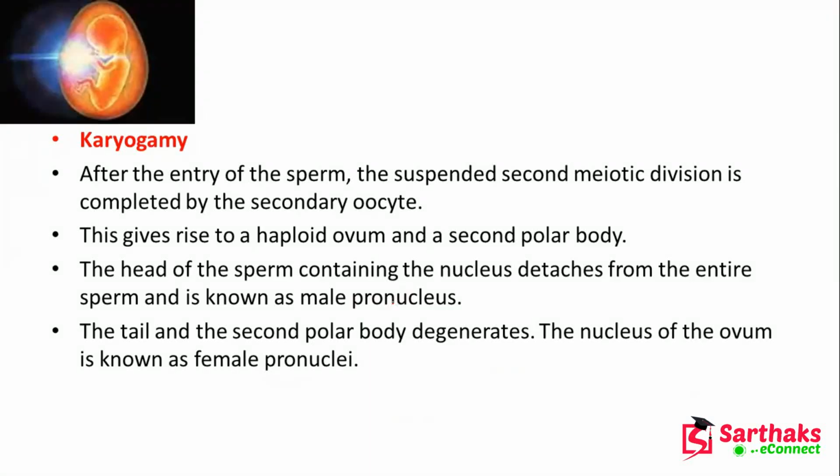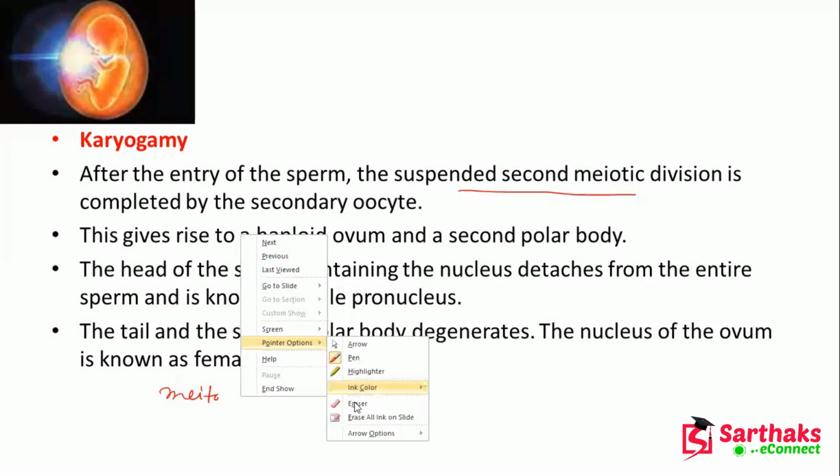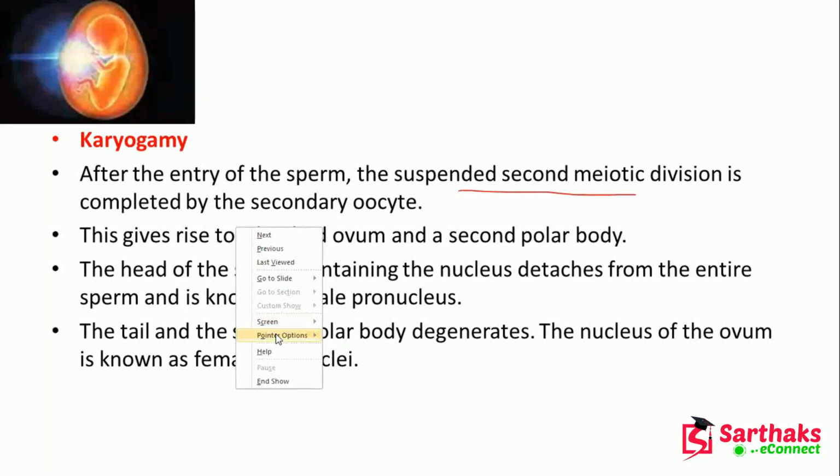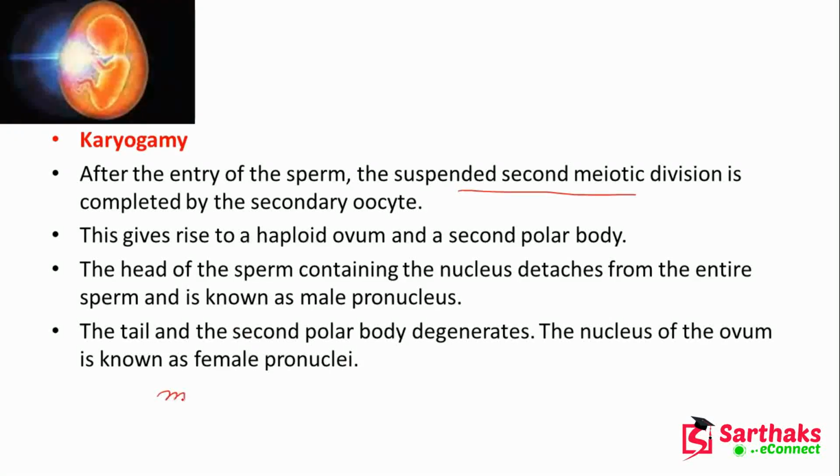After the entry of the sperm, the suspended second meiotic division is completed by the same secondary oocyte, and this gives rise to the haploid ovum and the second polar body.